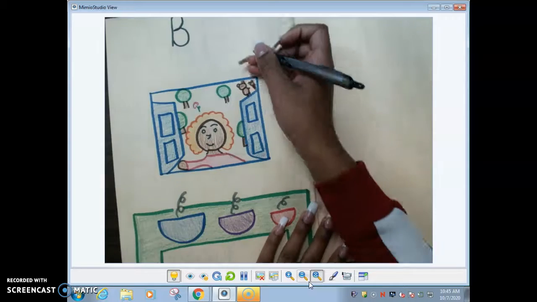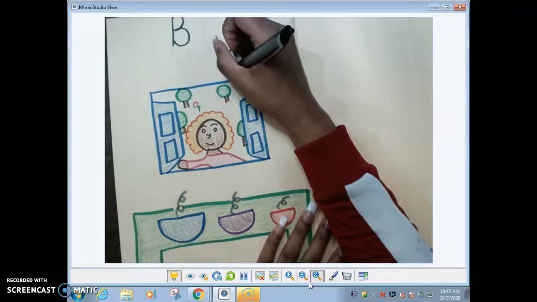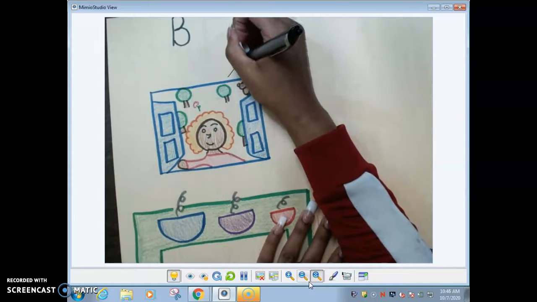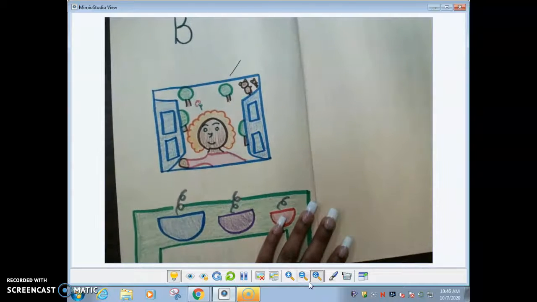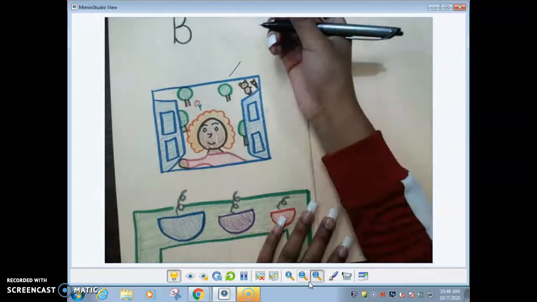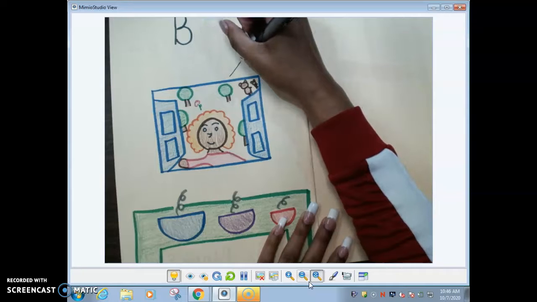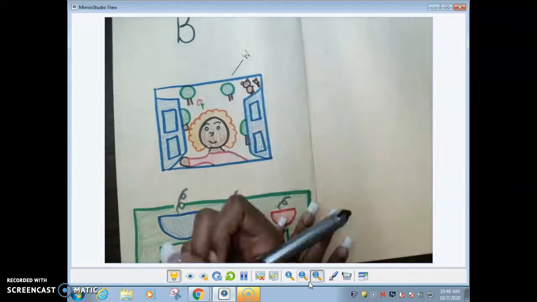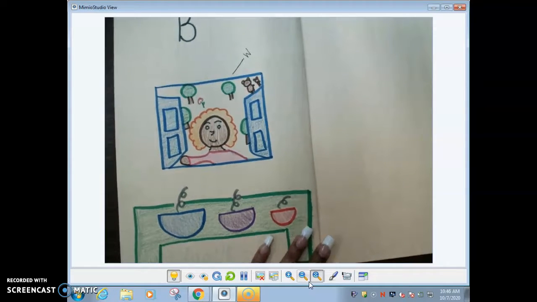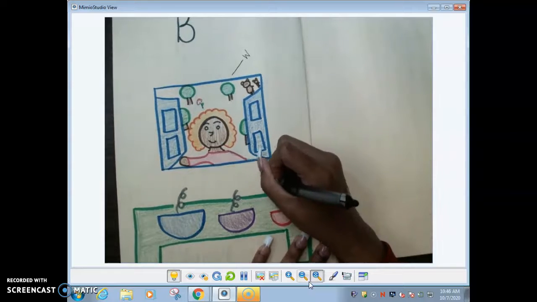Okay. So of course, I'm going to start here with the window, and I'm going to label it with the beginning sound, or the first sound. With window, what do we hear? I hear W, so I'm going to label it with the W. And I see a table.